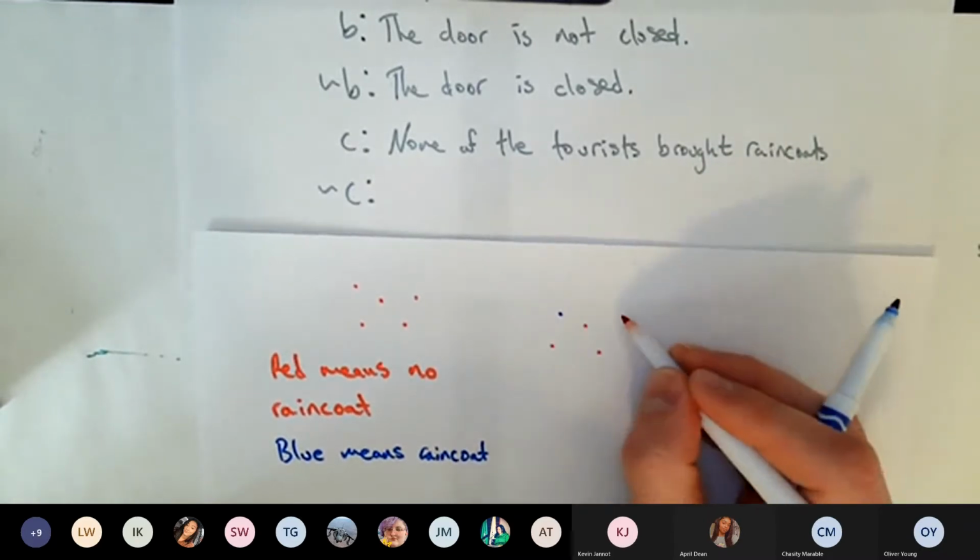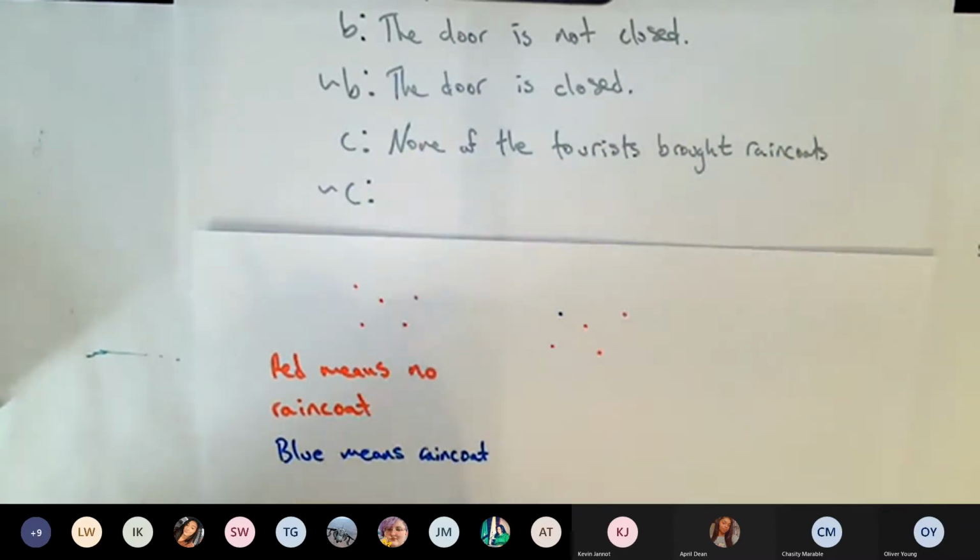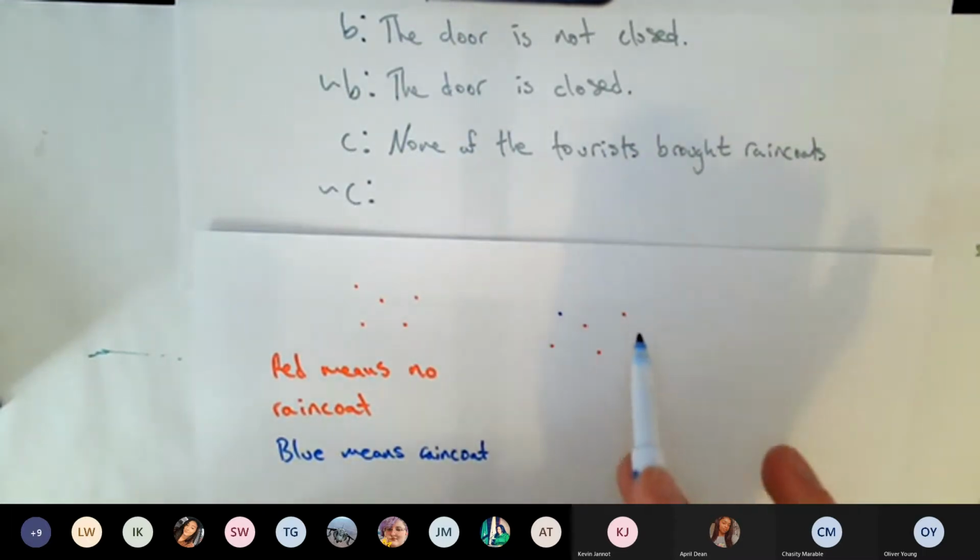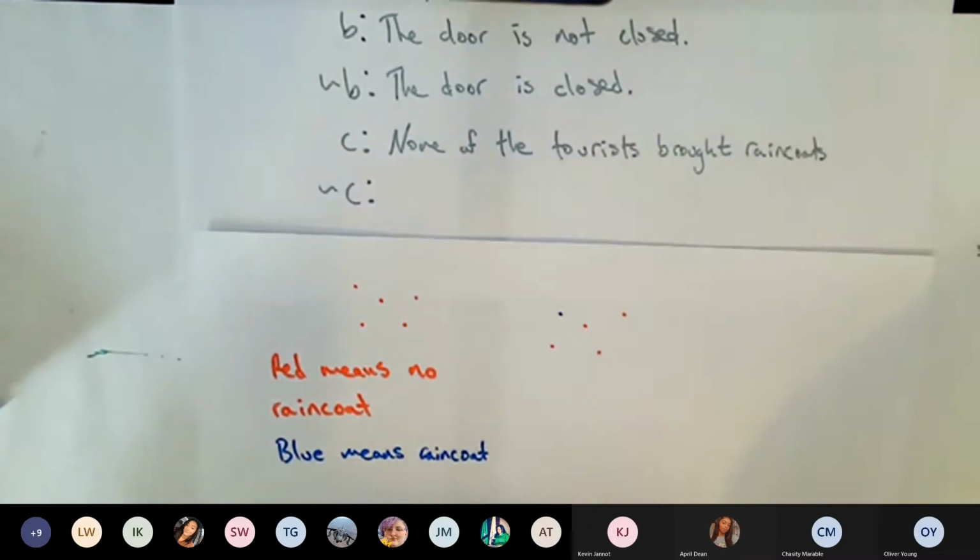Because if one of them brings a raincoat, then now C has the opposite truth value, right? It's no longer true. Over here, C is true: none of the tourists brought raincoats, but as soon as one of them brings a raincoat, then now C is false.